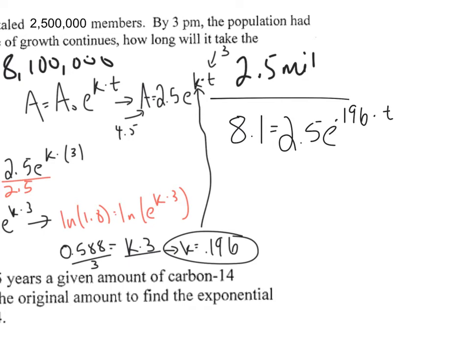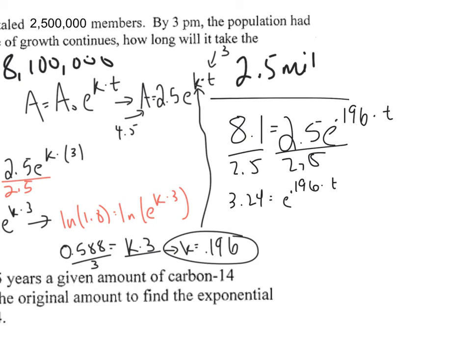All right, so we repeat this exact same process that we did over here. We divide by the 2.5. We get 3.24 is equal to e to the 0.196 times t.